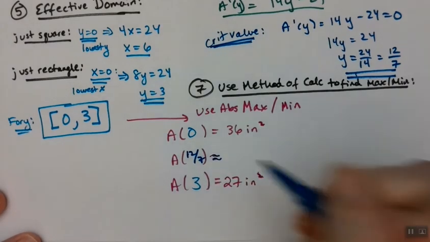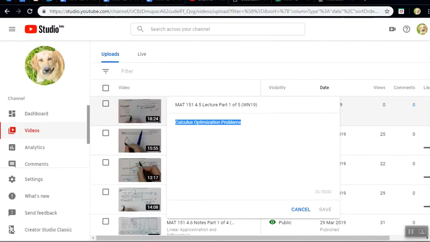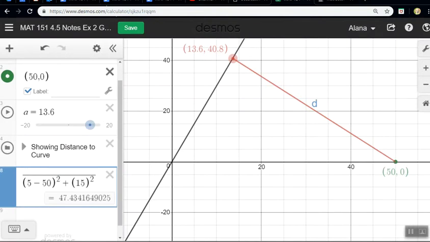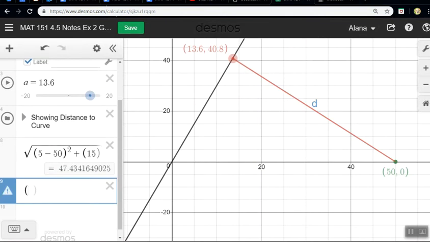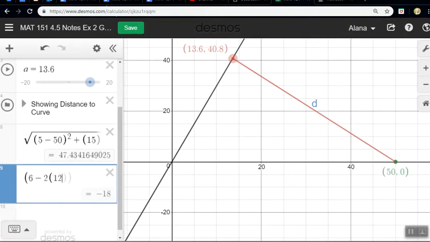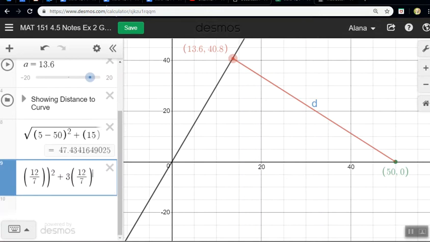The 12/7, I would just make a computer do it. So let me go grab Desmos real quick. I think I actually have Desmos up. Yeah, I have it from another problem, but that's all right. I'll just type it in real quick. So we would have parentheses 6 take away 2 times 12 divided by 7, close parentheses for the 12/7, and then square it, plus 3 times 12/7, close your parentheses and square it.